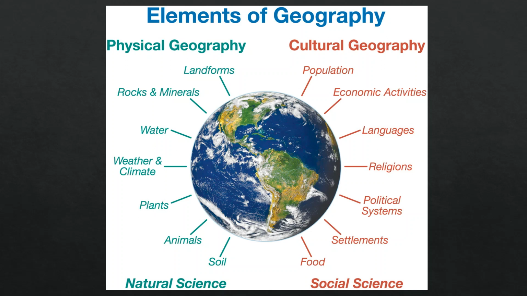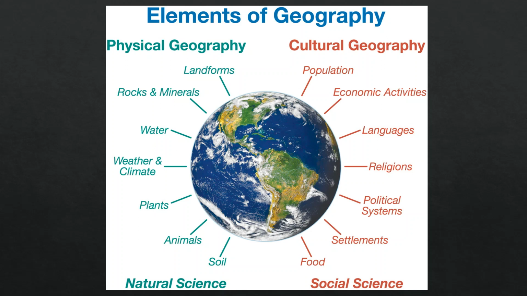The cultural side of geography, which looks at things like population, economic activities, languages, religions, political systems, settlements, and food, is a social science, not any less of a science. I don't like the term hard science to talk about natural science because anybody who does social science knows that it is a hard science for sure.